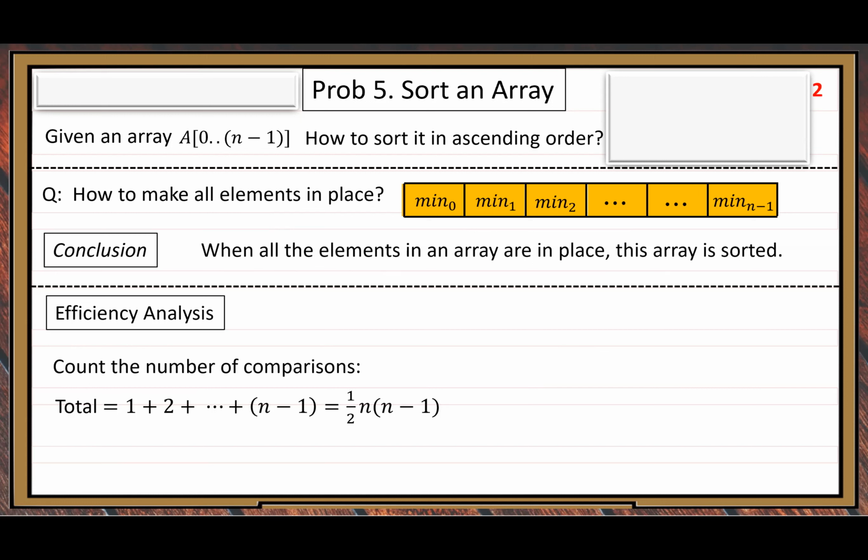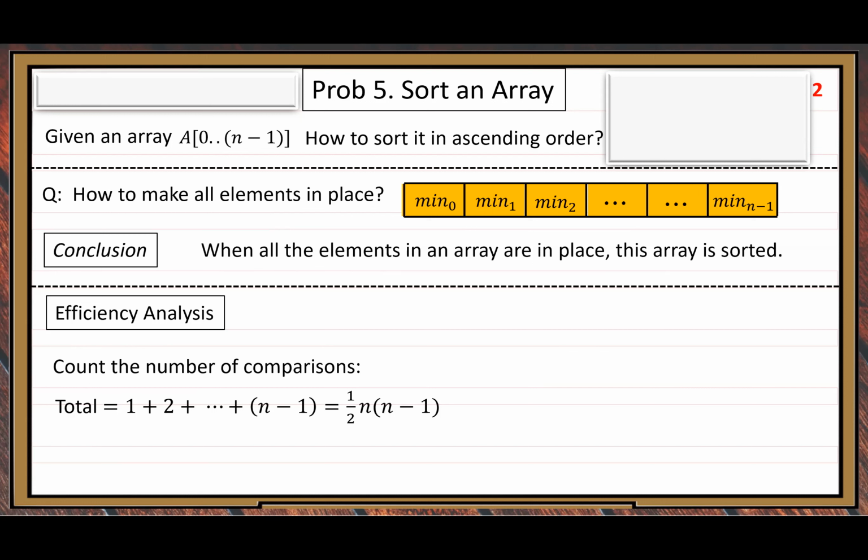Now, tell me, what is the best case efficiency? What is the worst case efficiency? Best case would be that it's already in order, so every sort is just one comparison.